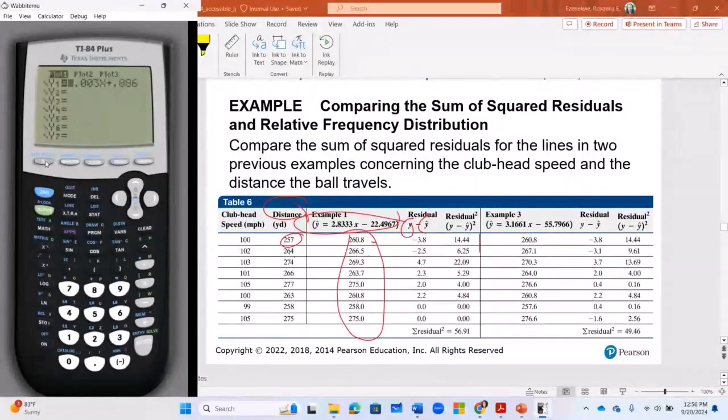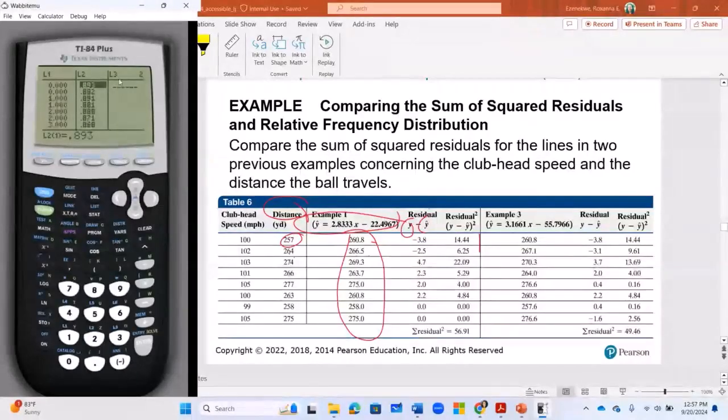So this equation in y1 is my predicted equation. The value of y in L2 is the observed.